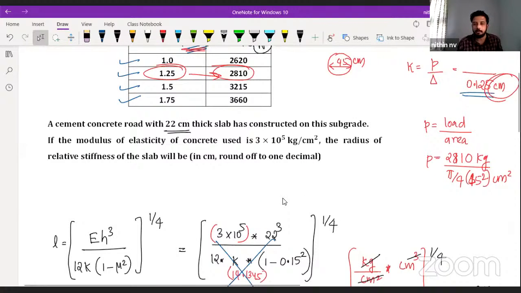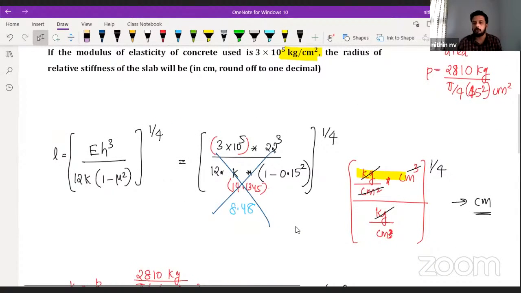So that properly you have to check. If this is in Newton per meter square, then the K value should also be in Newton per, like that. Then only it will get cancelled. That's why I have shown this conversion here. You should remember, kilogram divided by 9.81 will be in Newton.